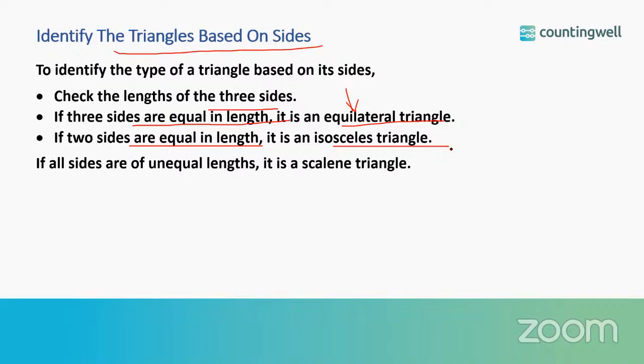Means only the length of two sides are equal. If all the three sides are of unequal length, then it is a scalene triangle. So depending upon the length of the sides, you have to identify whether it is an equilateral triangle, an isosceles triangle, or a scalene triangle.